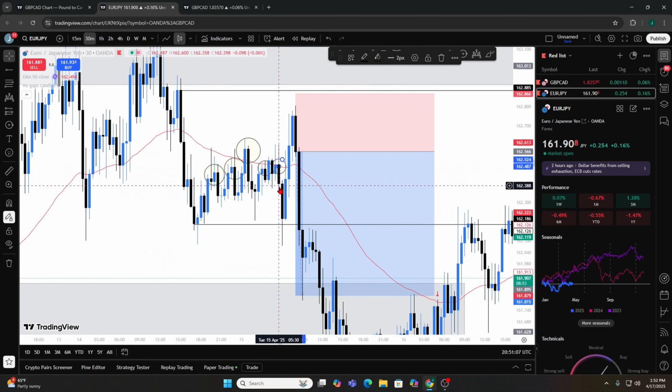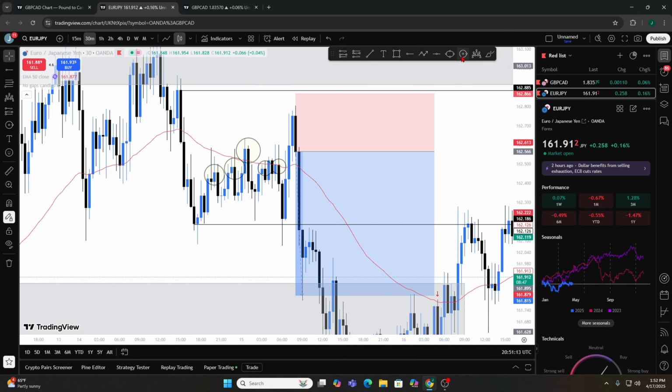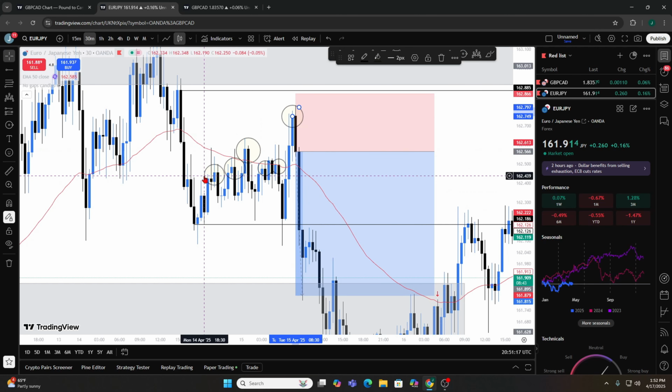You guys can see that we still pulled down, but we still came all the way up. We now have a good engulfing. These engulfings are not even in London session. This is what I mean by you have to wait. Be patient.